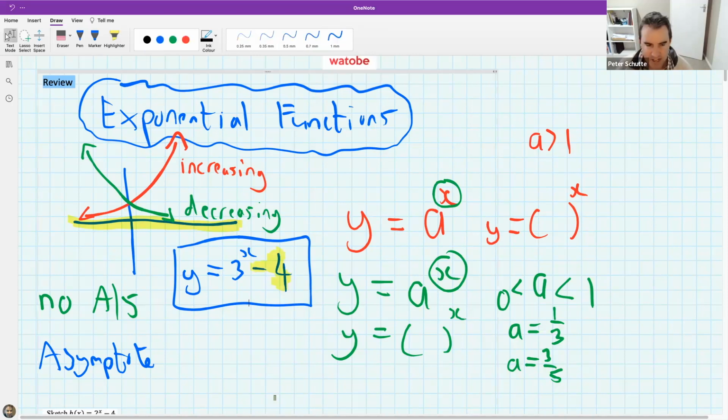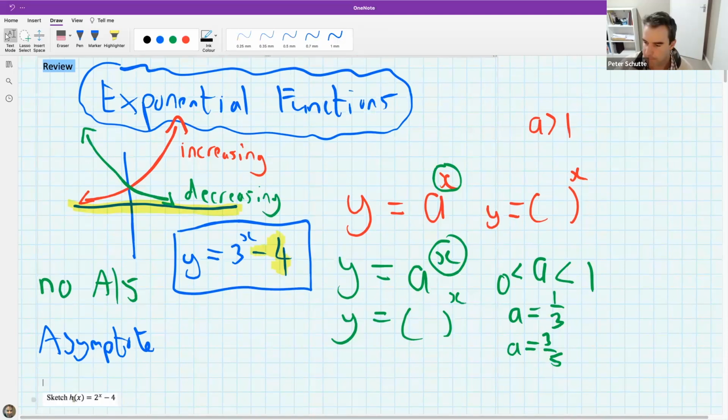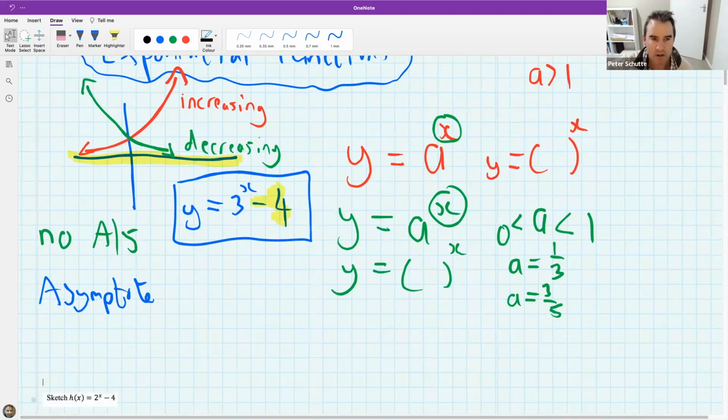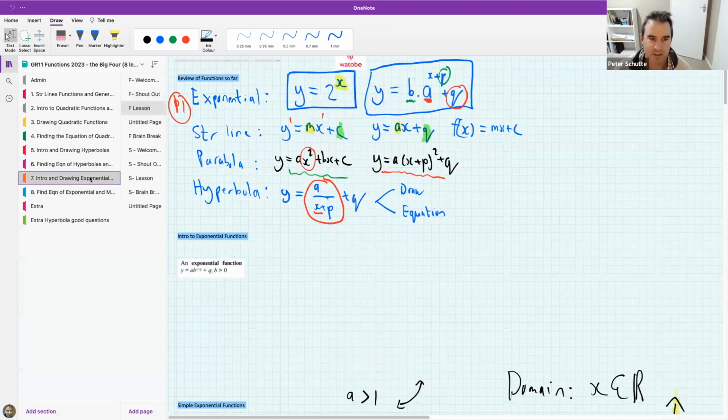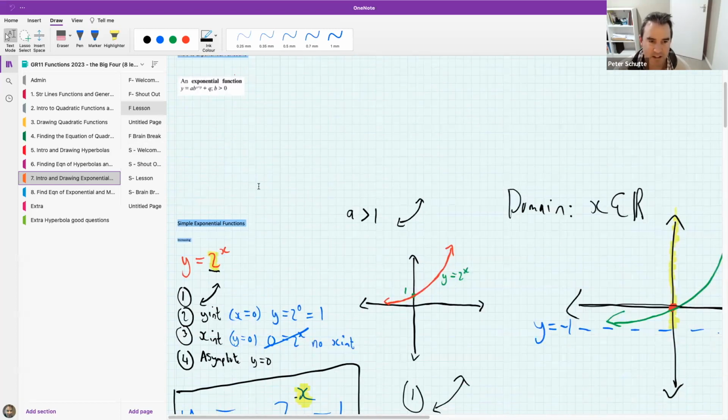Can you remember the steps that we used to draw our different types of exponential functions? We can always go back. This is the magic of recordings. So identify the shape. Yes. So in the last lesson here, let's go back. We can see it here.